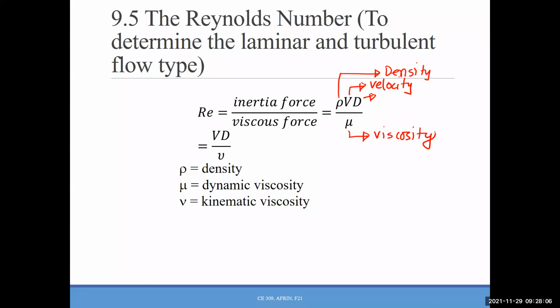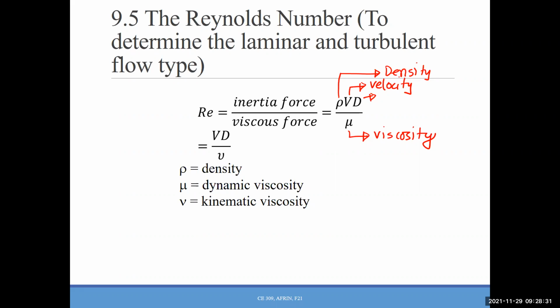Now, what is the reason for having a laminar flow? Why is laminar flow very smooth? Turbulent flow can be uniform also. I'm giving you one hint.